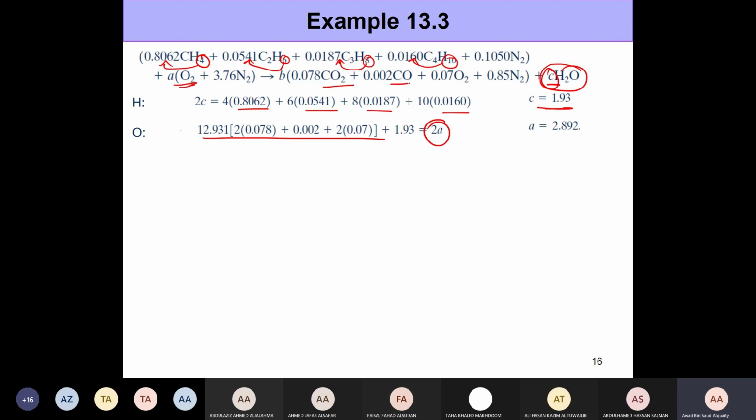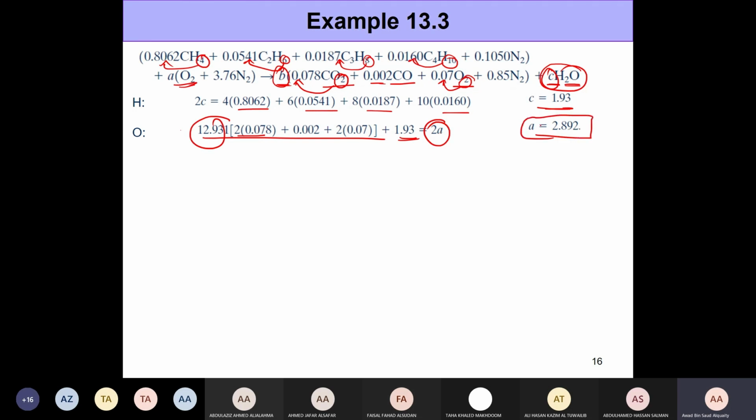So it's there in CO2, CO, as well as free oxygen plus water. So there are two atoms here. So 2 times 0.078 plus 0.002 in CO plus 2 times 0.07, right? 2 times this number, whole thing times 12.931, okay, times B, right? Plus 1.93 plus C, which is what we just determined. So here you get the value for A. A comes out to be 2.892.